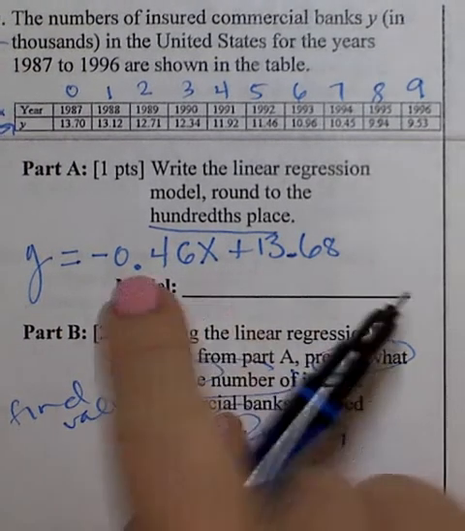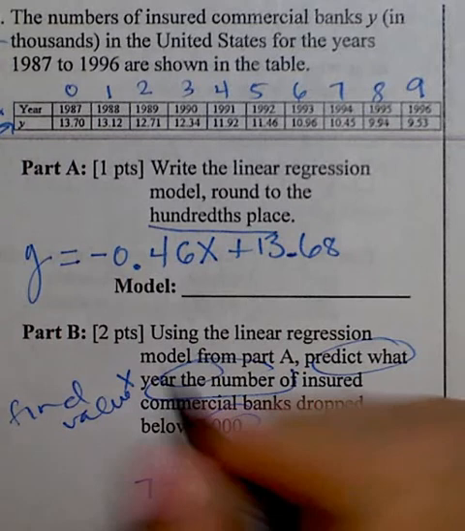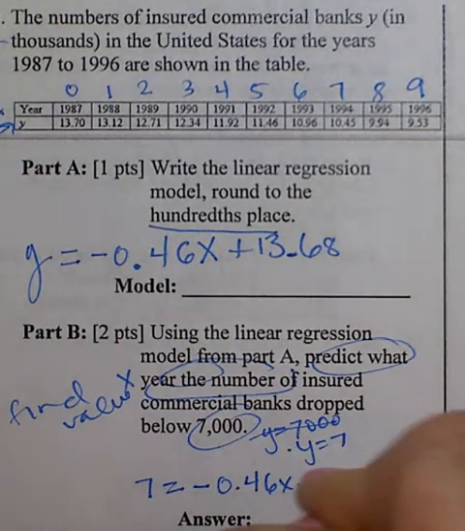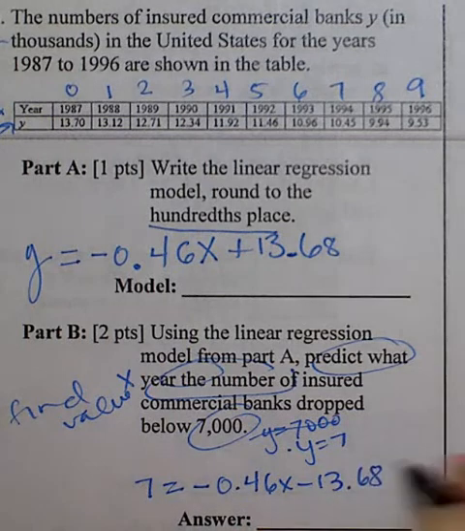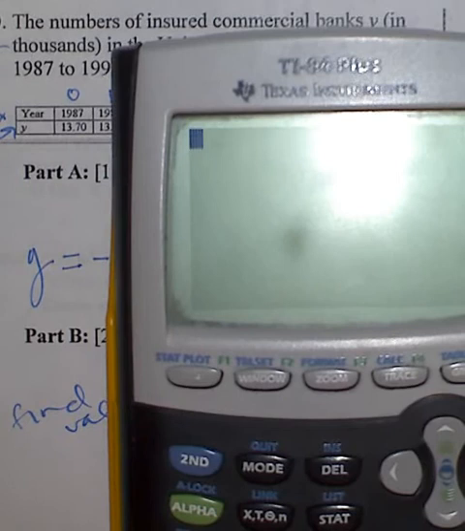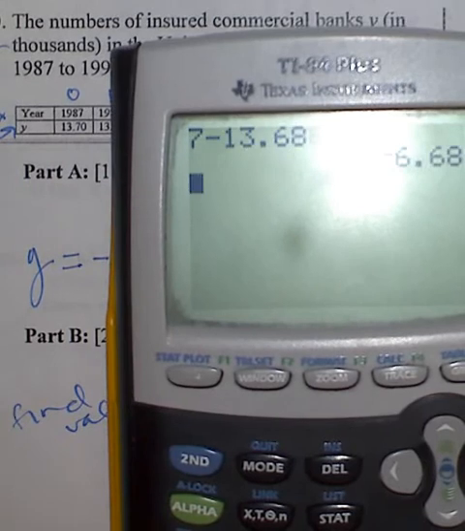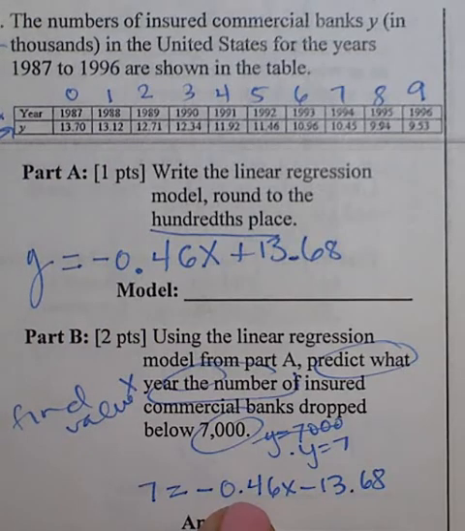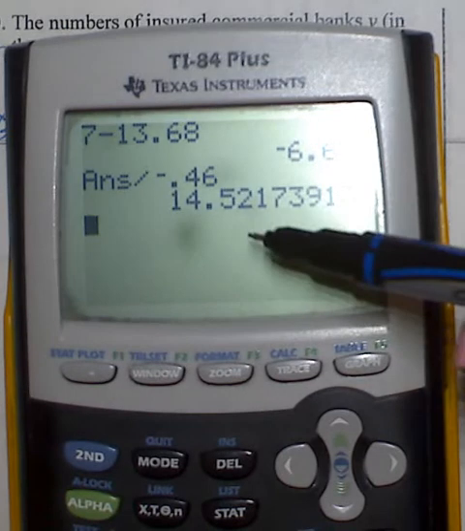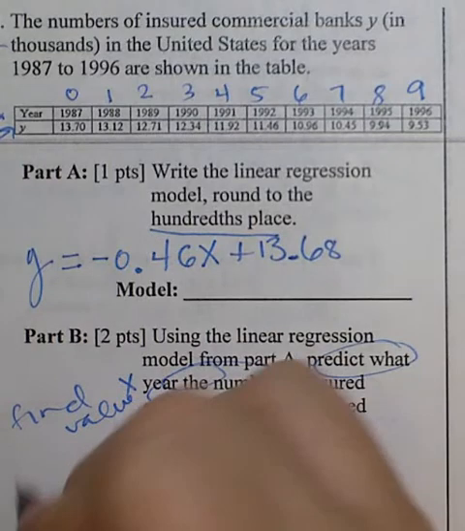Okay, so I have 7 equals, substituting 7 in for y, and use a calculator to solve. Last step is going to be to divide here by negative 0.46. So I have 14.5 as my answer.